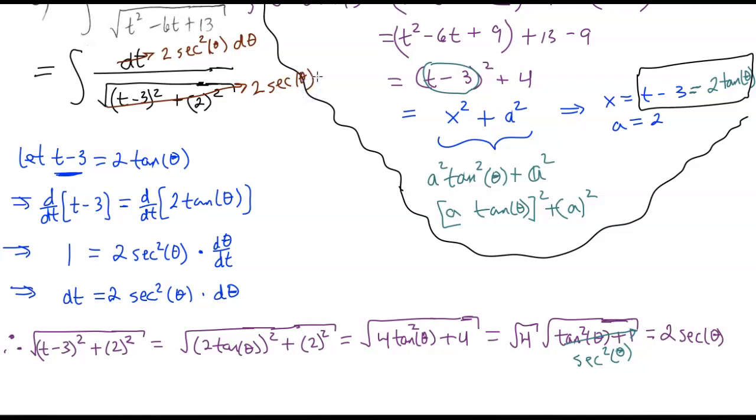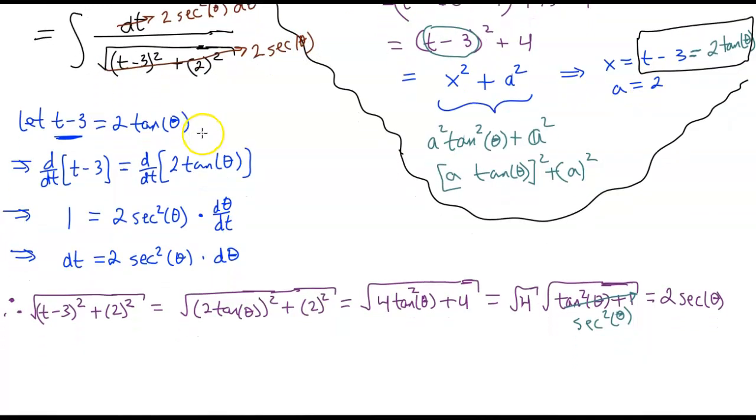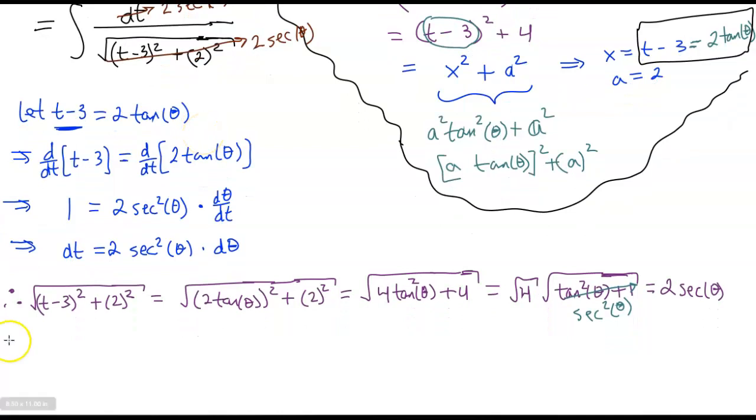Okay. So now that we have all that in play here, we can go ahead and actually get down to doing what we need to do for this problem. So we have this.